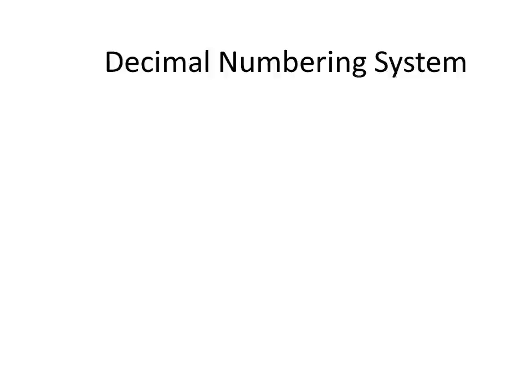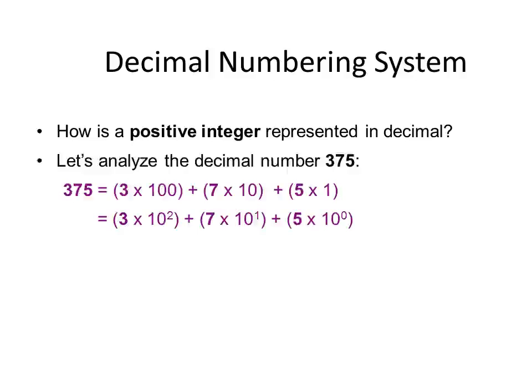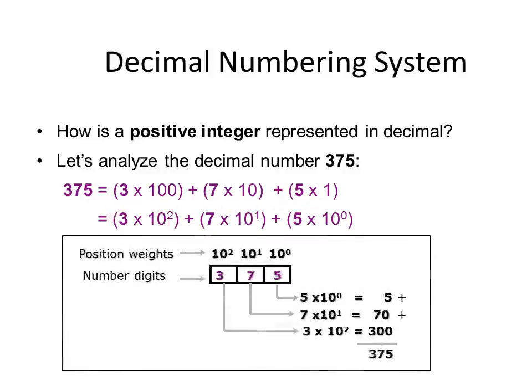Decimal number system means there are 10 symbols. For example, 375 is represented as 3 into 100, 7 into 10, 5 into 1. You have read this in standard 1 or 2 classes. Here the base is 10, so the positional weights are 10 square, 10 to the power 1, 10 to the power 0.